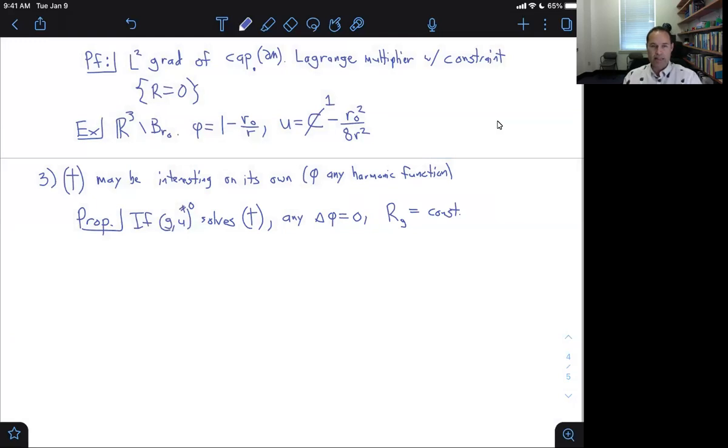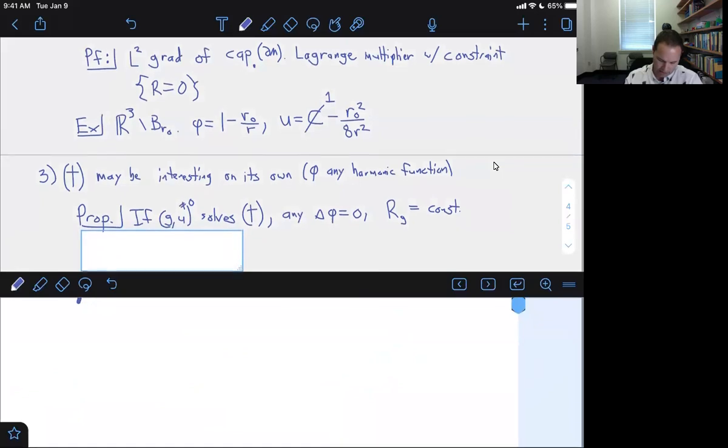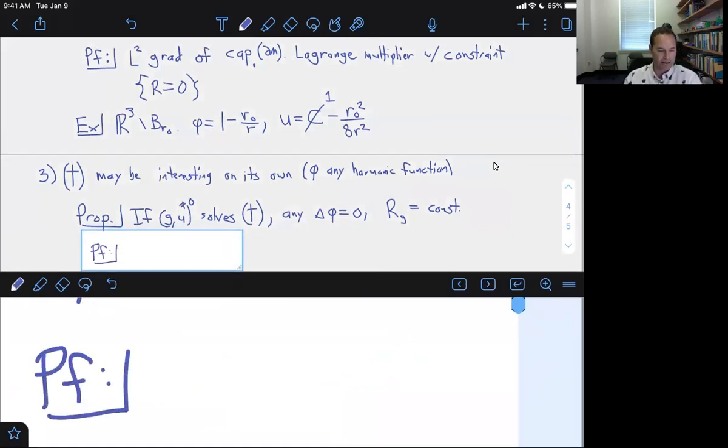So that's a property these solutions actually share with static metrics. Static metrics have to have constant scalar curvature, and that's also the case with this here. I've got enough time here, let me just go through the proof of this. It's a short, but I think a little bit fun argument for why these have to have constant scalar curvature.